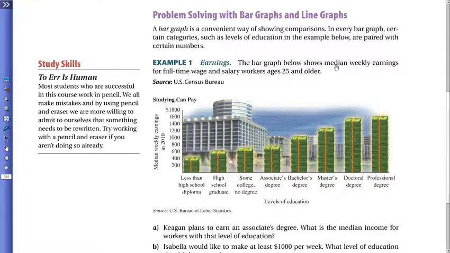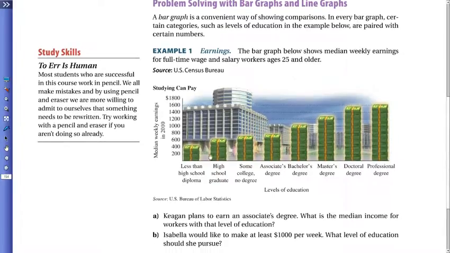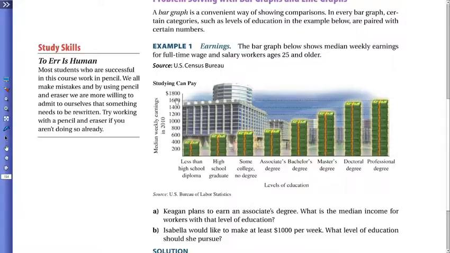The bar graph below shows median weekly earnings for full-time wage and salary workers age 25 and older. These are based on how much education they have, and this is the dollar amount per week that they would earn for the data they gathered. Median means the middle amount.